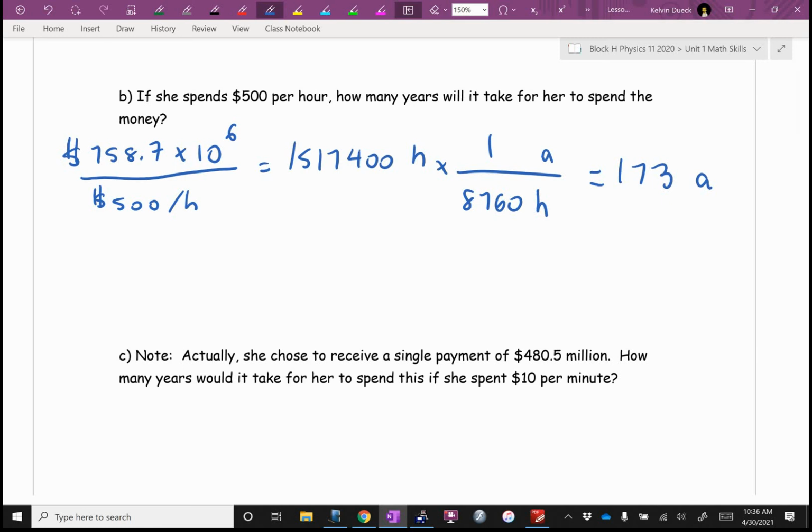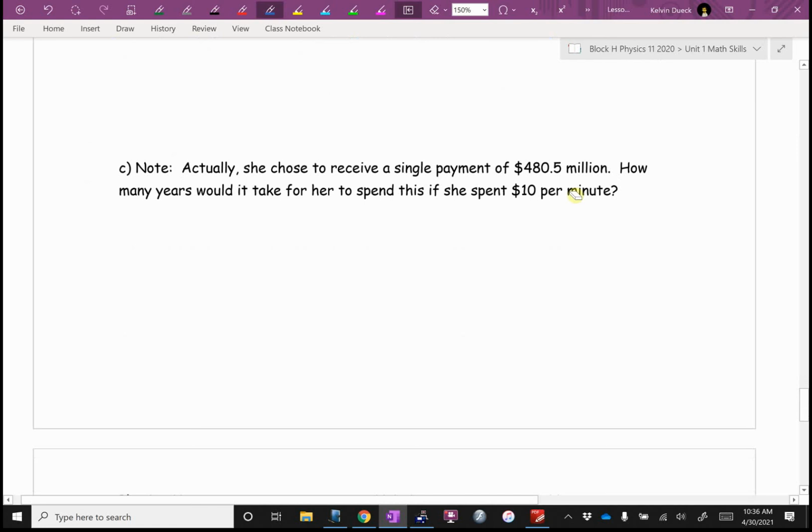Okay. Alrighty. So now instead of 700 and whatever million, 480.5 million, and she's going to spend $10 a minute. Can she do that in her lifetime? Well, let's write down 480.5 times 10 to the 6th. We'll divide that by $10 per minute, and that's going to tell us how many minutes.